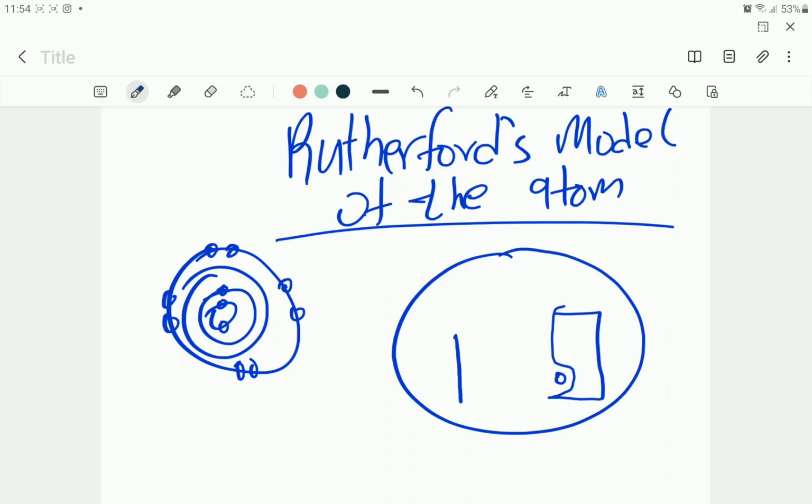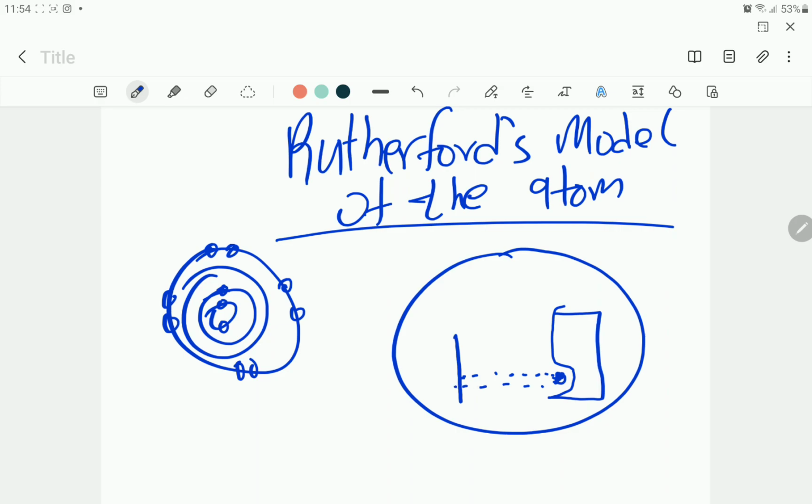A piece of radium is placed in a small hollow lead block to give a narrow beam of alpha particles, which is this right here. This beam of alpha particles is directed at a thin gold foil, which is this.